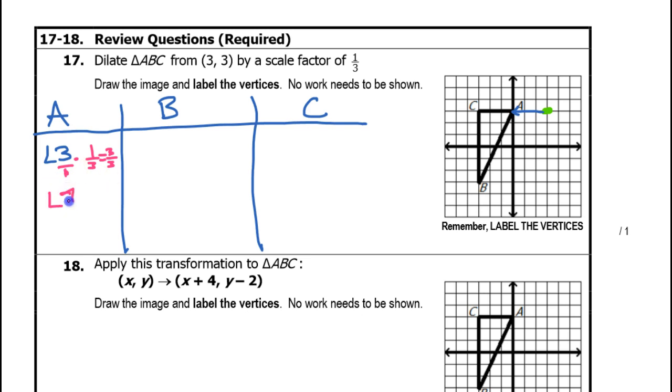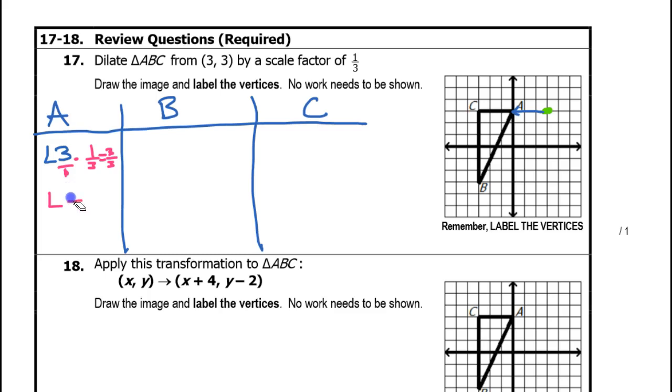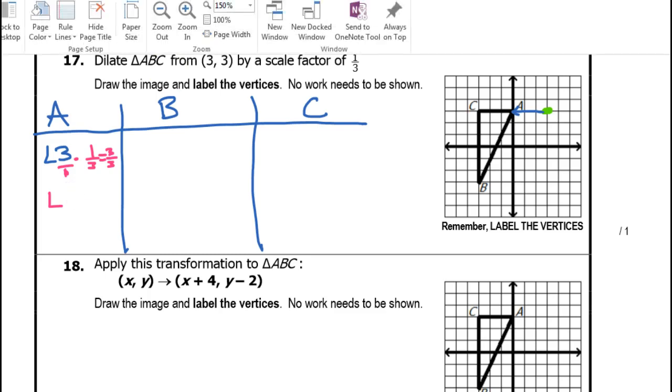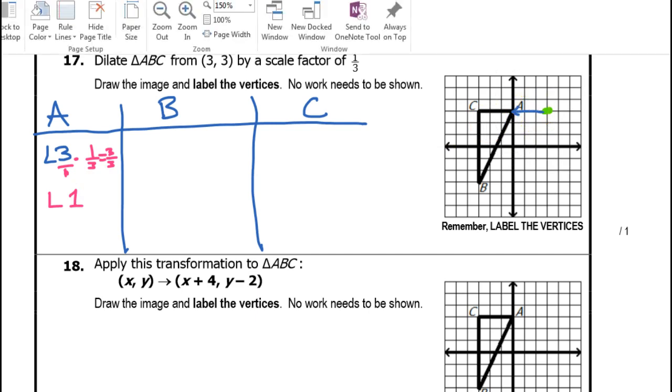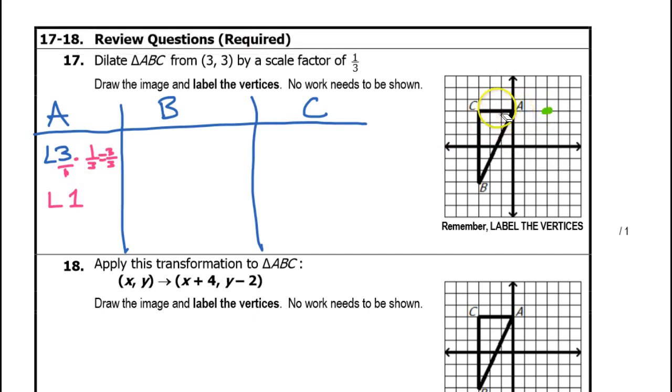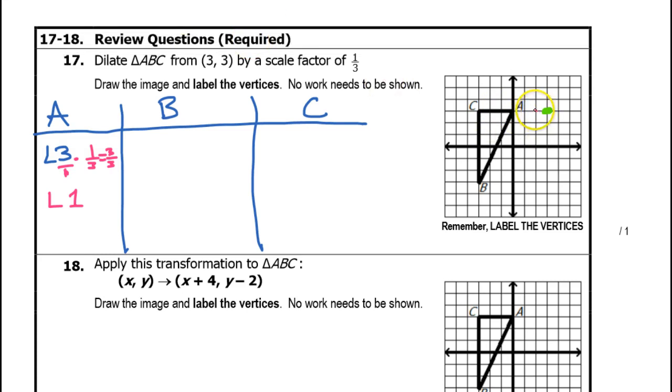So this is going to be left 1. So that's how I get to the image. Alright, so let's take a look. Instead of going left 3, I'm going to go left 1. And that should be A prime.